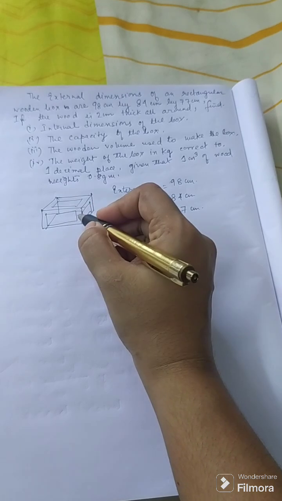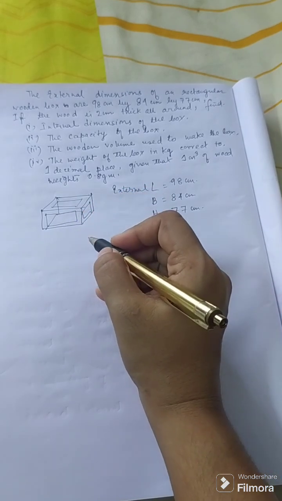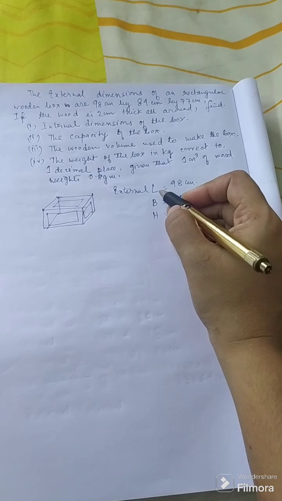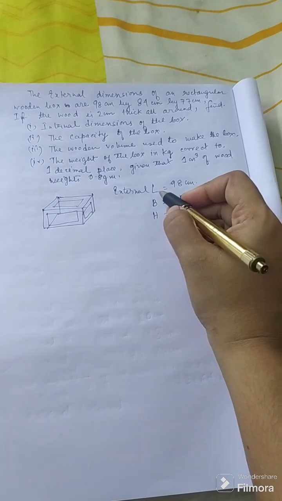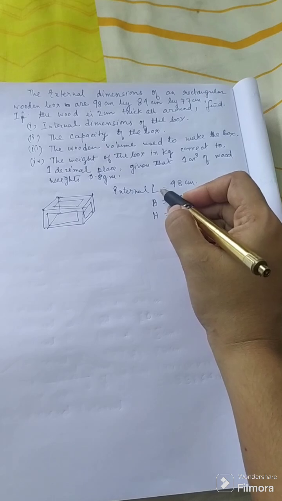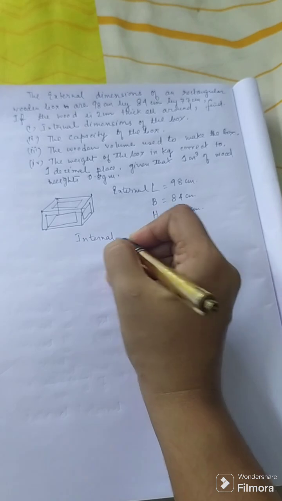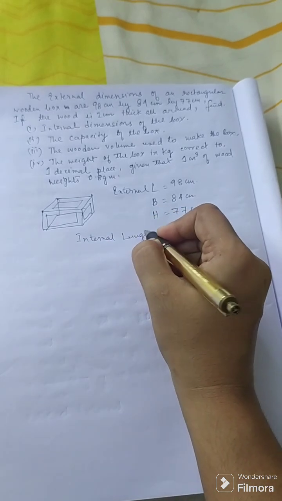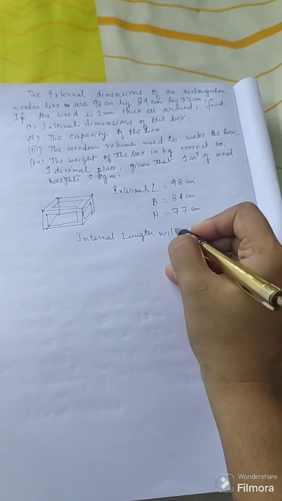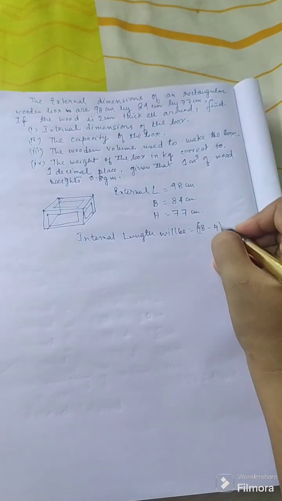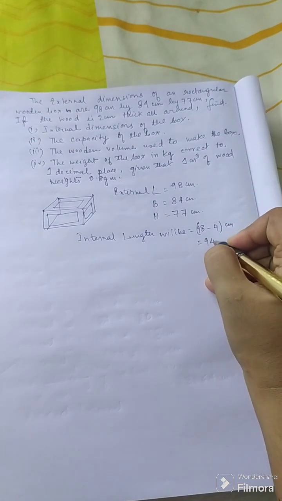As the box is 2 centimeter thick all around, while calculating the internal dimensions of the box, in each case we have to subtract the thickness. So obviously the internal length will be 98 minus 4 centimeter, that is 94 centimeter.